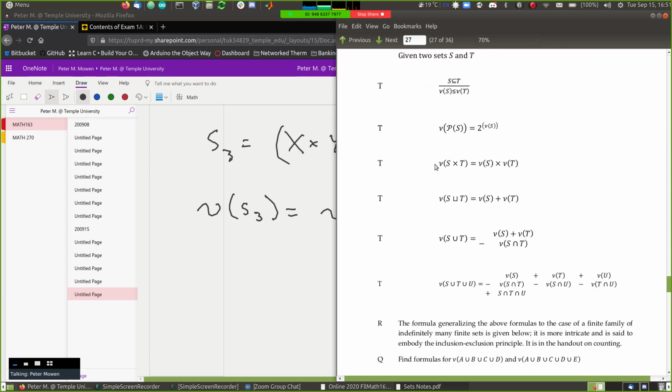So one of these rules is for, well, what if you've got the cardinality of S cross T, where S and T are sets, and what if you've got the cardinality of S coproduct T, or S disjoint union T? Have I been using the word coproduct wrong this whole time? Somebody? No.